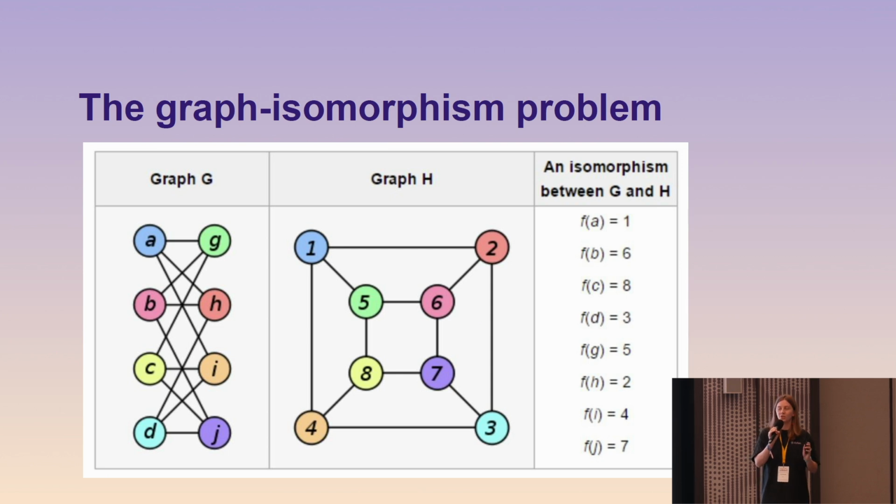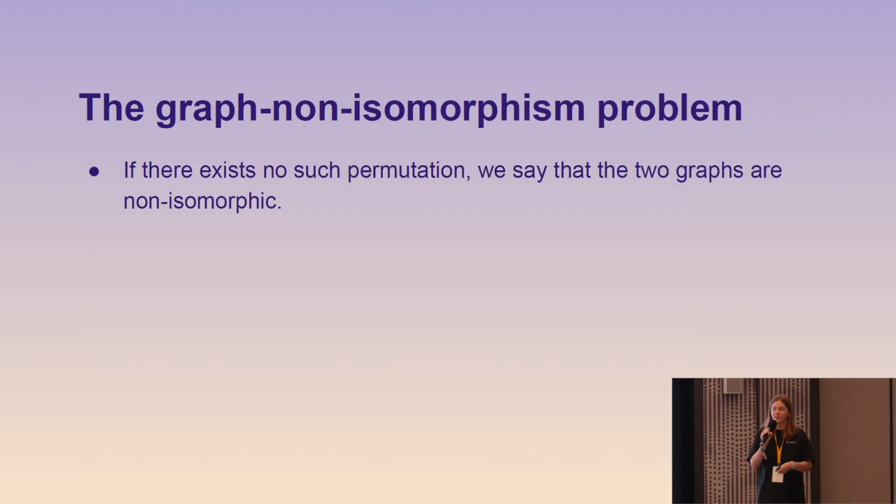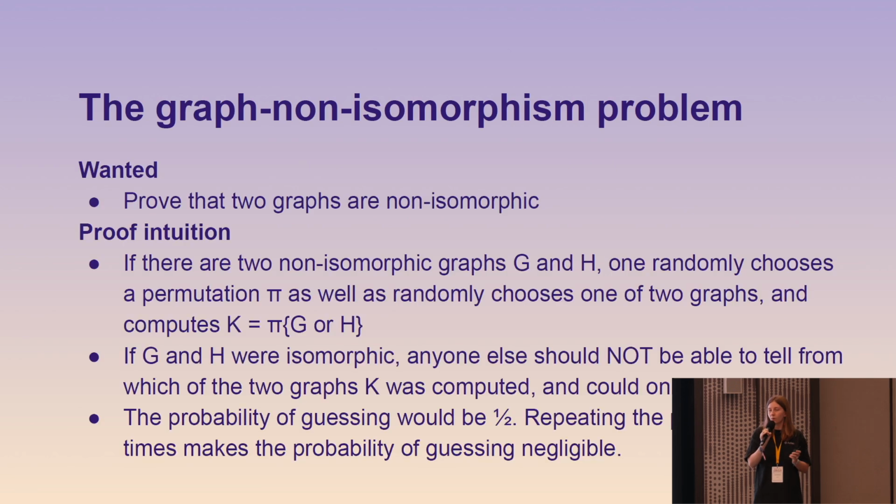We have two graphs, G and H. The fact that they are isomorphic means that there is some function that we can apply on all nodes in graph G, and as a result, we will get graph H. So each node of graph G maps one-to-one into a node in graph H. So this is graph isomorphism. If there is no such permutation, they are non-isomorphic. That's it. So we want a proof that two graphs are non-isomorphic, and this will be a proof of statement.